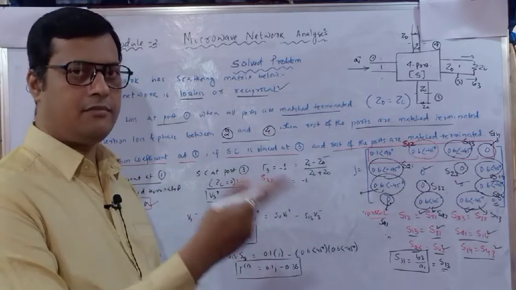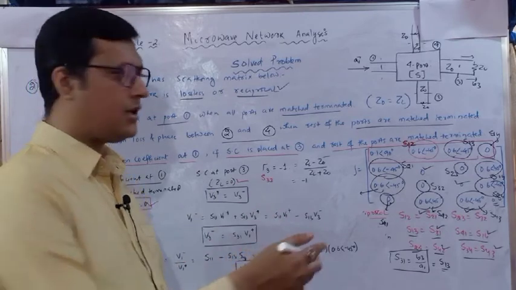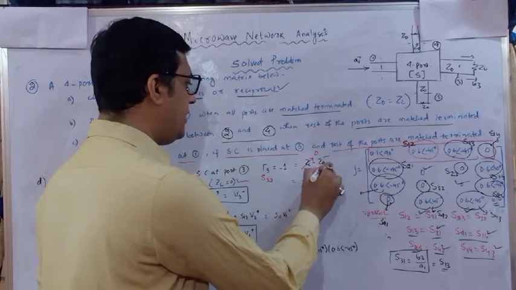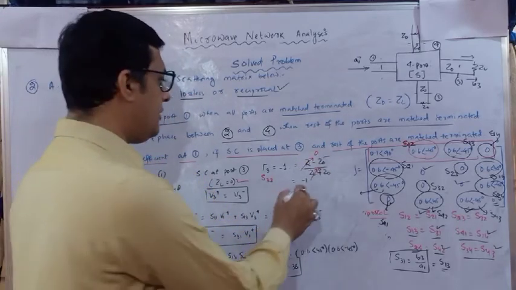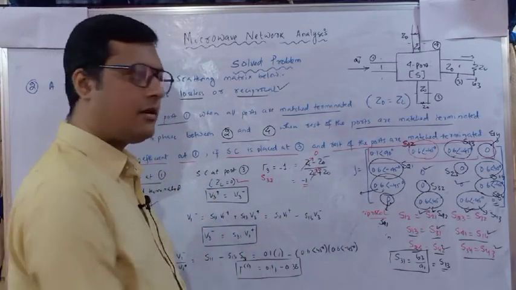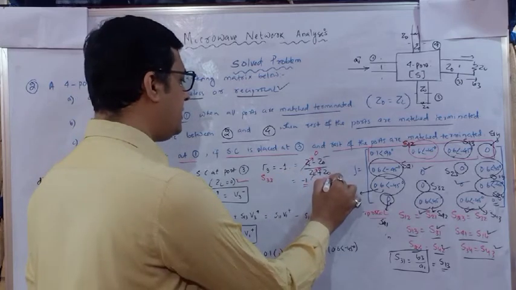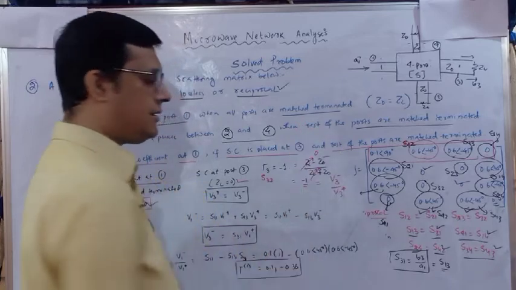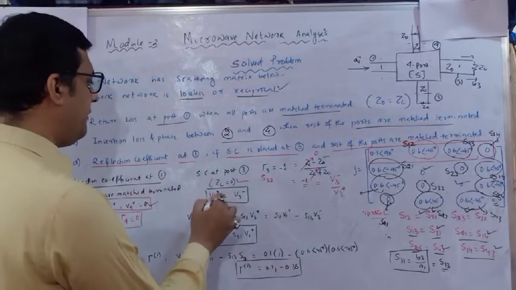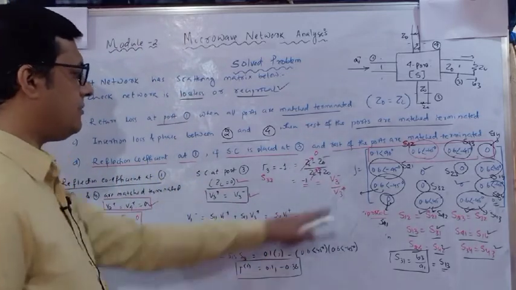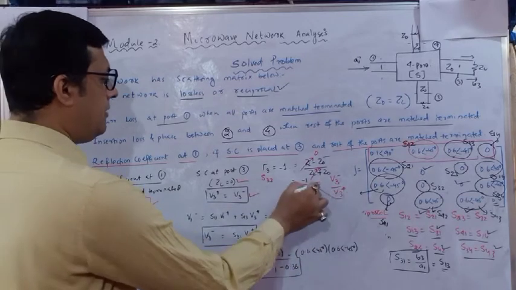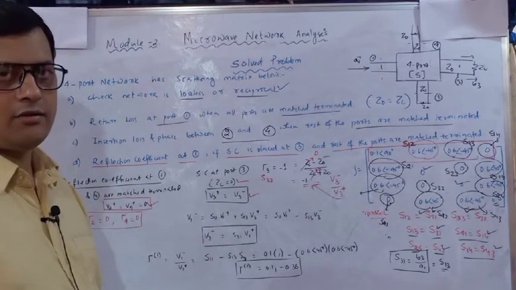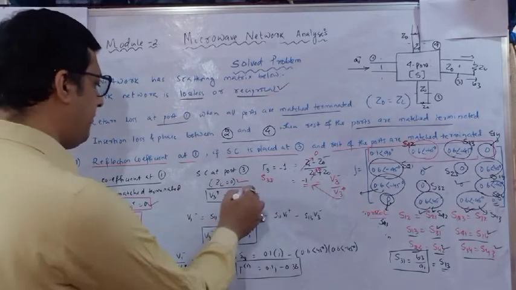Now if it is terminated with short circuit, your load impedance ZL is 0, so you will get minus 1. So this is minus 1. So S33 I can write as V3 minus divided by V3 plus. Here I have written V3 plus equals V3 minus, because incident potential equals reflected potential. So that is the first condition.